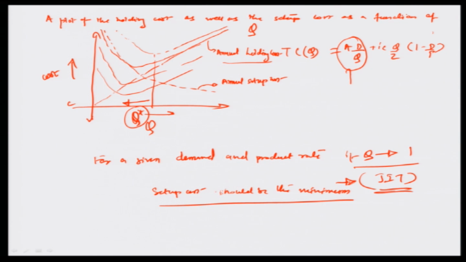So, for this economic lot size to approach unity, and if we want to really minimize the cost function, the value of A has to go to the lowest level.